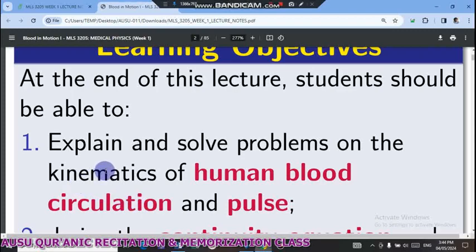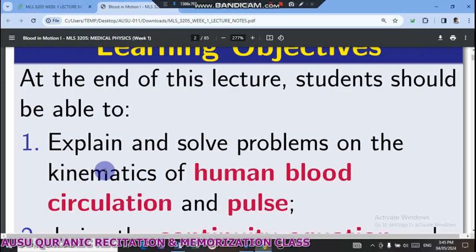Kinematics is the study of motion, a branch of mechanics. In physics, we have a study called mechanics, which is the study of motion. Now, this study of motion is divided into two. We have dynamics, we also have kinematics. Dynamics is when you are considering the forces that cause the motion, the masses of the object and the forces that cause the motion.